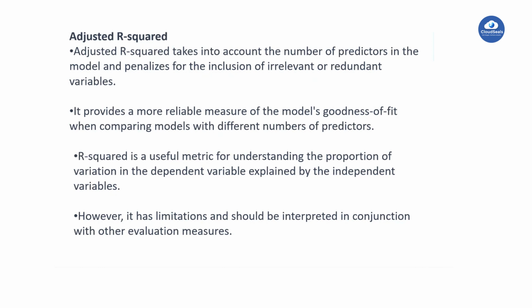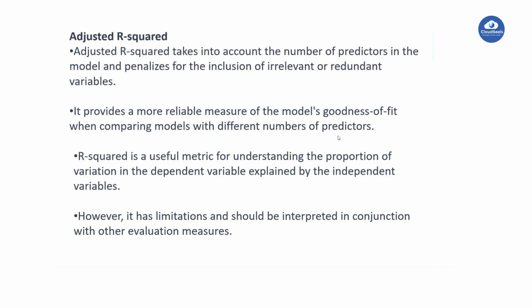What will this adjusted R square do? It reduces, or rather ignores, those variables which don't have a meaningful relationship to the dependent variable. It provides a more reliable measure of the model's goodness of fit when comparing models with different numbers of predictors.